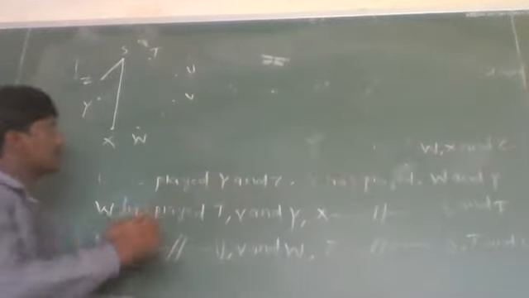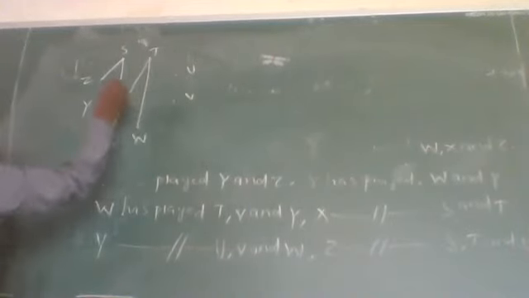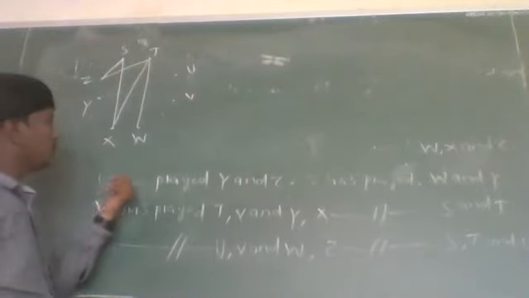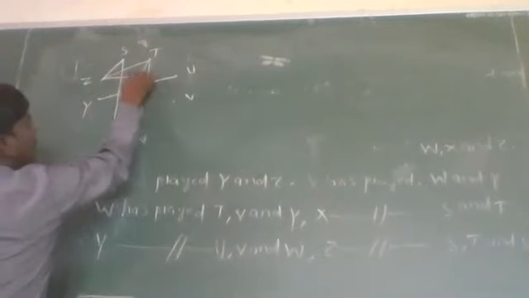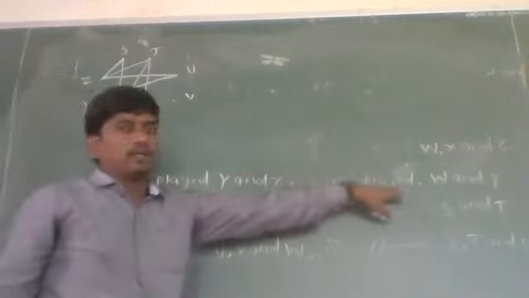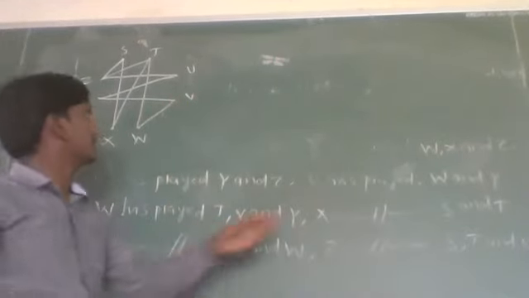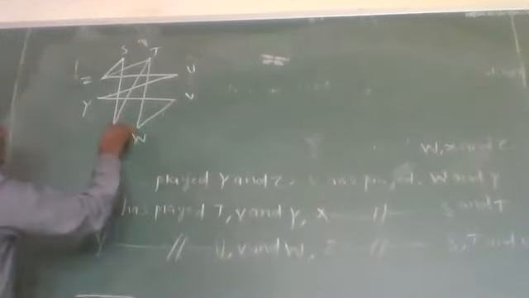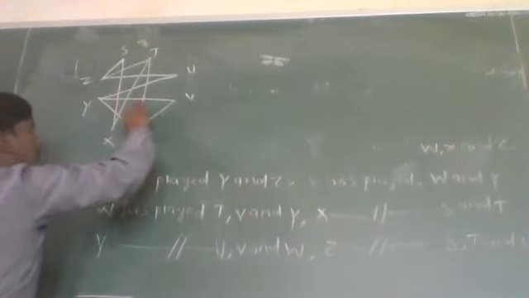T has played with W, X and Z. U has played with Y and Z. V has played with W and Y. X has played with S and T. Y has played with U, V and W. And Z has played with S, T and U.